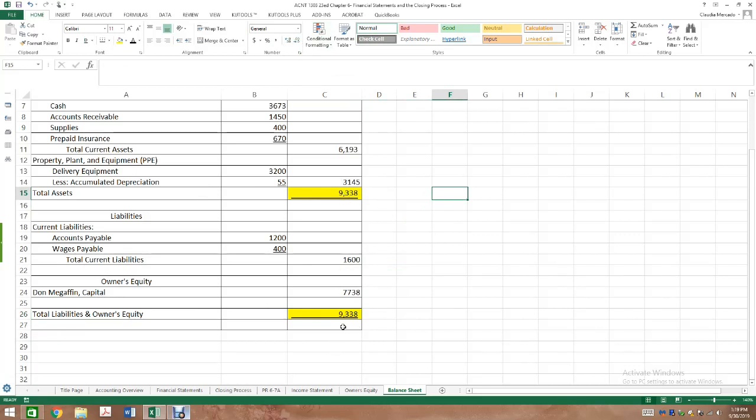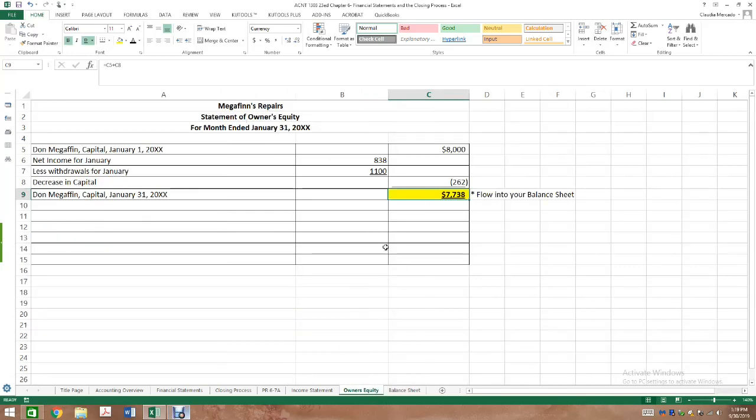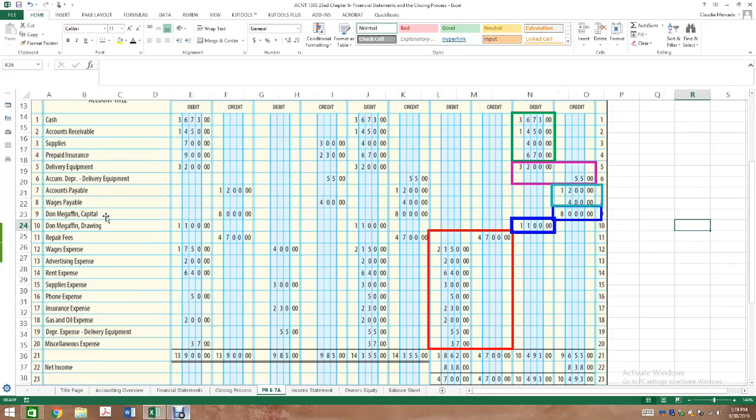Now the most common mistake that I get is students bring in the capital account from your worksheet instead of bringing in the $77.38 from your statement of owner's equity, which is incorrect, and then that will throw you out of balance.